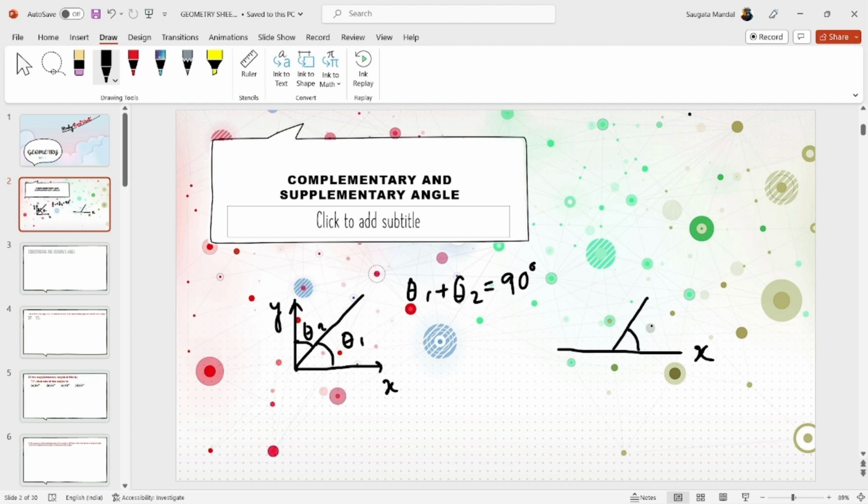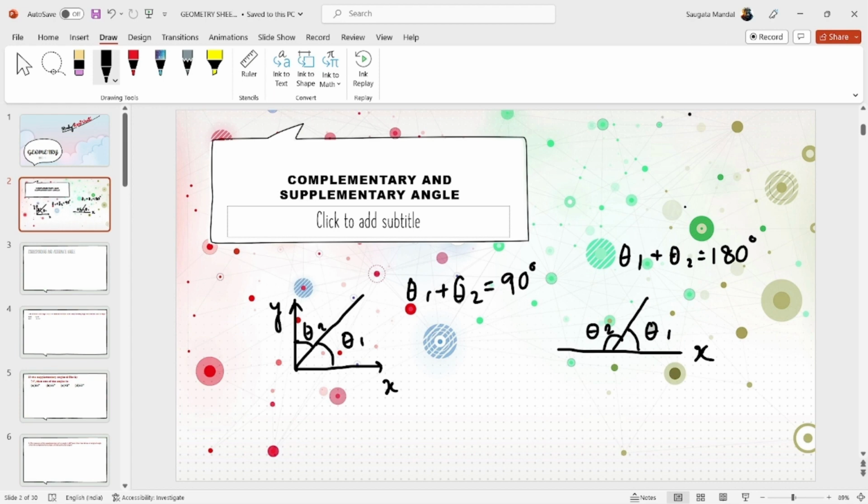Suppose this angle is theta 1 and the other angle is theta 2. When the sum of two angles, that means theta 1 plus theta 2 is equal to 180 degree, then it is called supplementary angle.